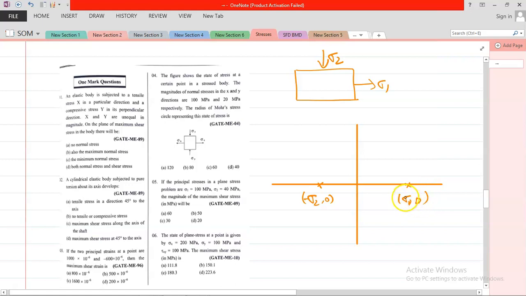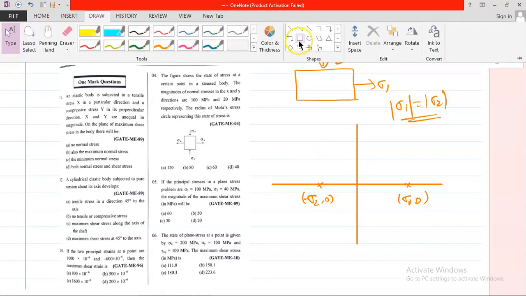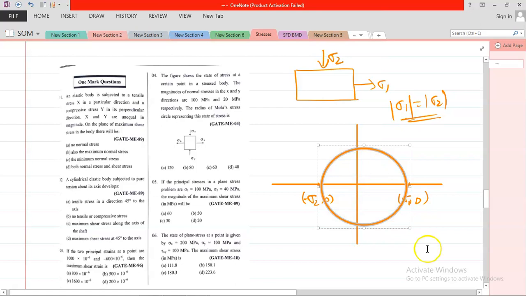Both are unequal in magnitude, means sigma 1 is not equal to mod of sigma 2. Then we draw the Mohr circle here. So this is your Mohr circle.